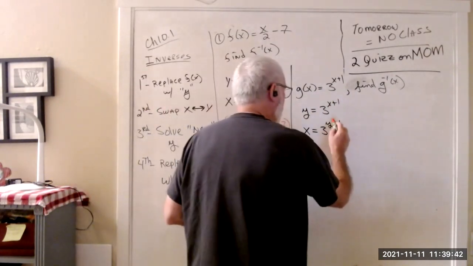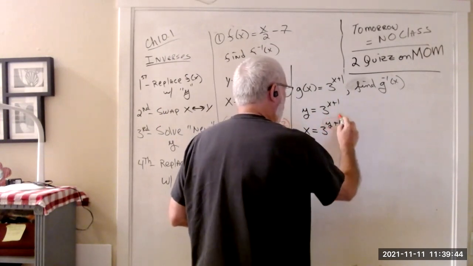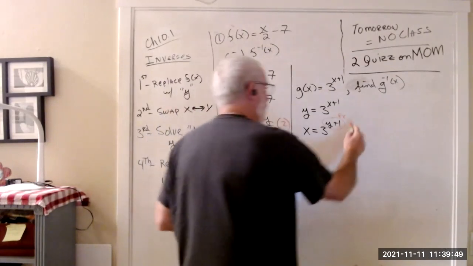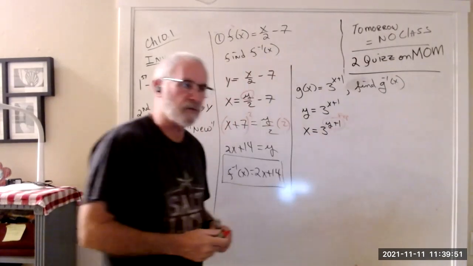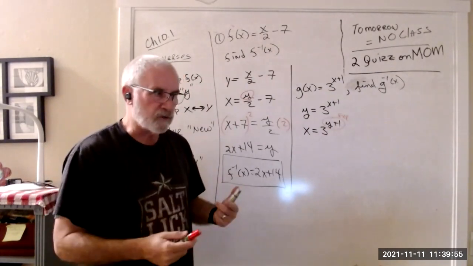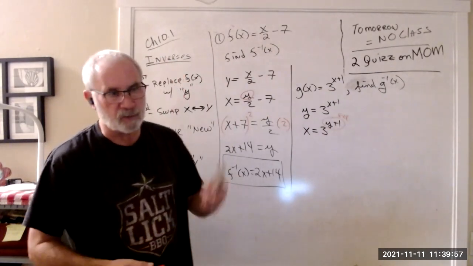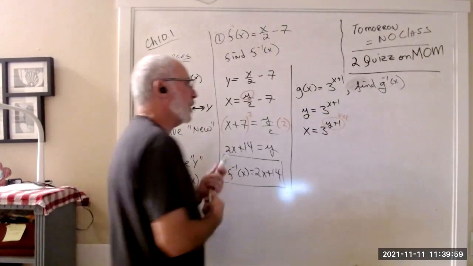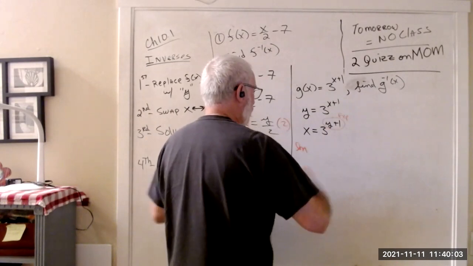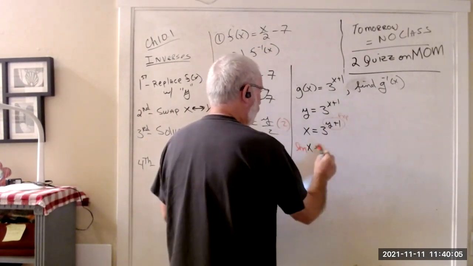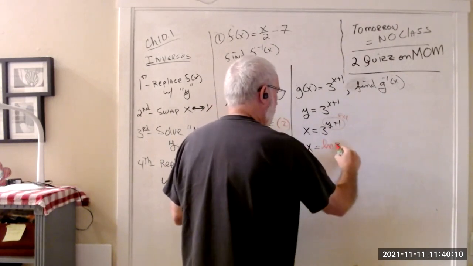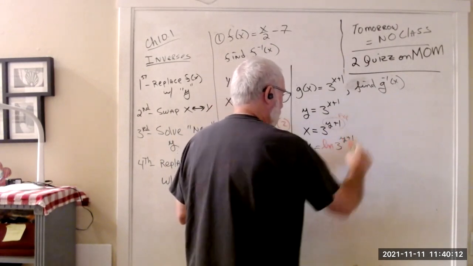That's the hardest thing right here. y in this problem is an exponent. How do you get it out of there? Well, there are two ways. One would be using the log rule. The other way would be to take the ln of both sides. ln of x equals the ln of 3 to the y plus 1.